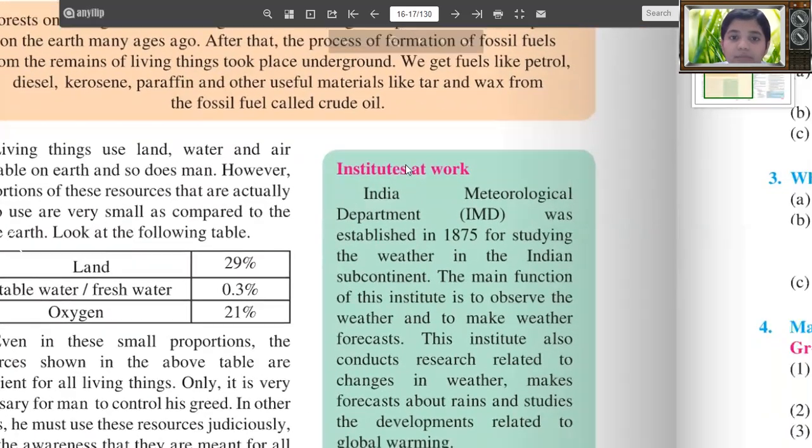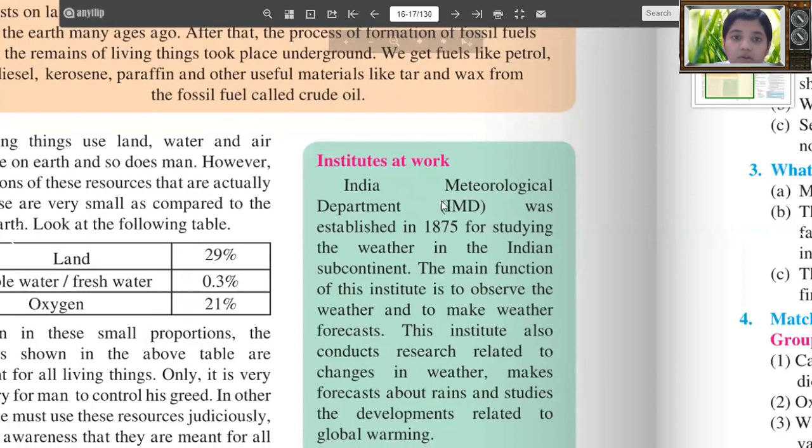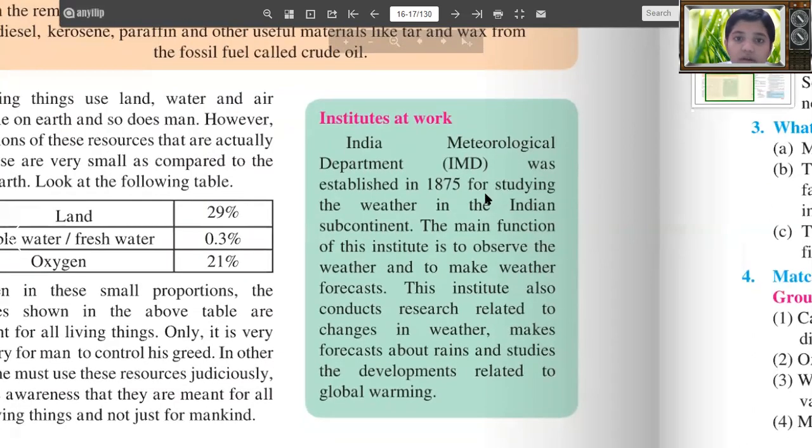Institutes at work. The India Meteorological Department, IMD, was established in 1875 for studying the weather in the Indian subcontinent. The main function of this institute is to observe the weather and to make weather forecasts.